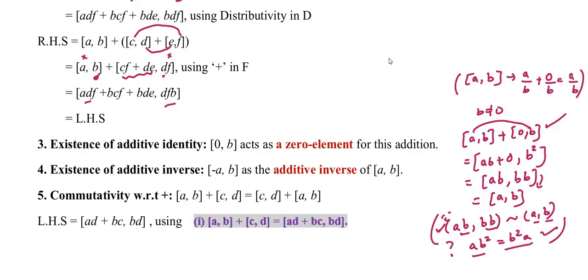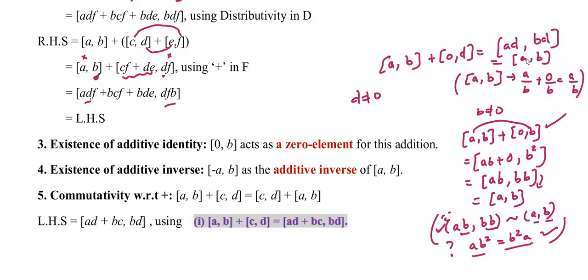Now suppose I consider AB, and you know pretty well D is an element which is non-zero. We shall check whether 0D will act as identity element. So AB plus 0D, what does it give? It gives AD plus 0, then BD. Just now we said that this is same as AB. It looks as though we can cancel this and write it, but it is not so.